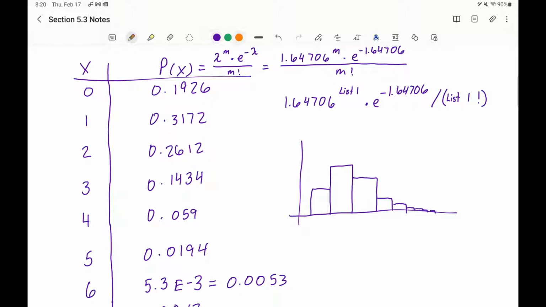So we definitely get this right skewed distribution. We didn't look at the distribution for a binomial variable, but binomial variables have multiple distributions. They can be normal, left skewed, or right skewed. Poissons are always right skewed. And that's it for section 5.3.